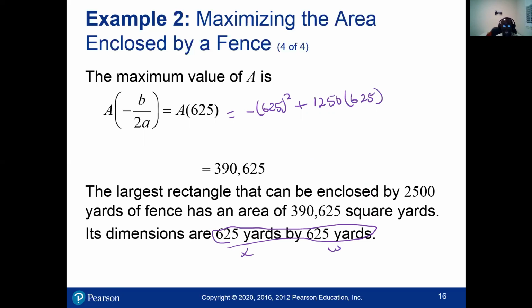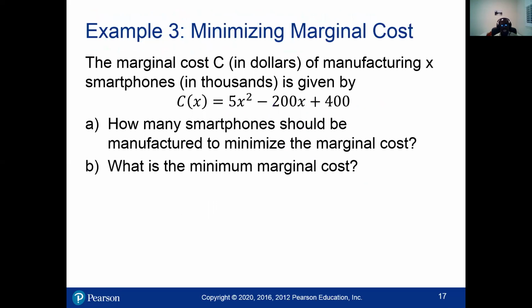All right, last example is minimizing a marginal cost. The question is that the marginal cost C in dollars of manufacturing x smartphones in thousands is given by this function. So there's a company that produces smartphones, and this is the cost.